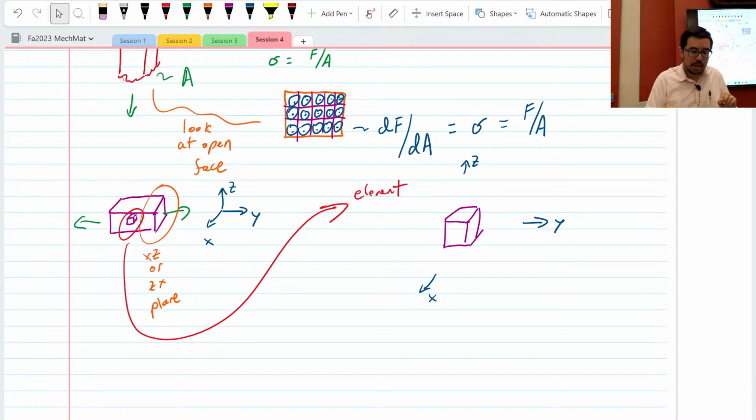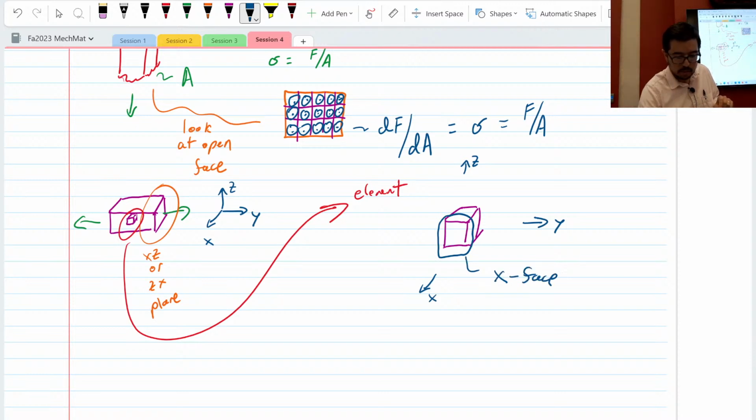For example, if I take this face right here, that's the x face. So now I'm going to draw the x face. Remember, x is coming out of the board.